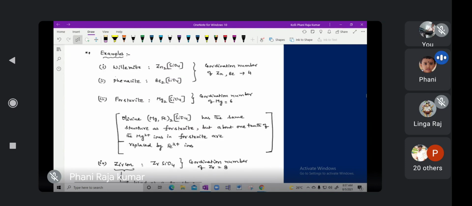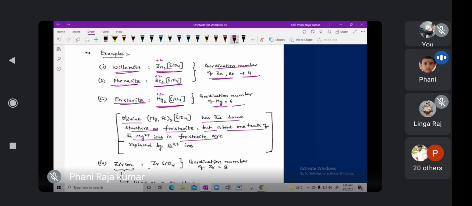You should practice the examples well. Willemite formula, look carefully: Zn2SiO4. Phenacite, Be2SiO4. Forsterite, Mg2SiO4. Zinc is +2, beryllium +2, magnesium +2, so positive charge 4 units and negative charge 4 units, SiO4 4 minus. I have mentioned the structures too. Coordination numbers of zinc and beryllium are 4. Here the coordination number of magnesium is 6 in forsterite. We have one more variety called olivine. It has the same structure as forsterite, but about 1/10 of the magnesium ions in forsterite are replaced by Fe+2 ions.